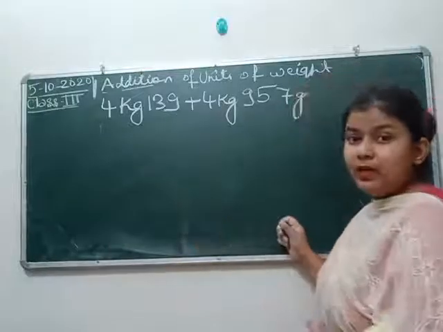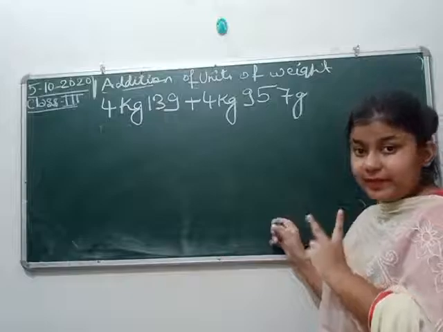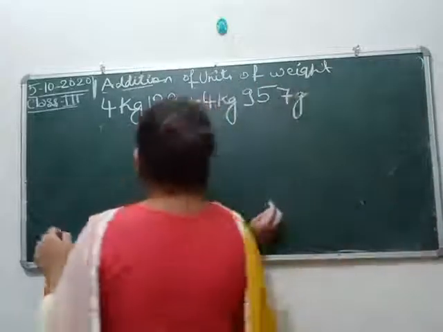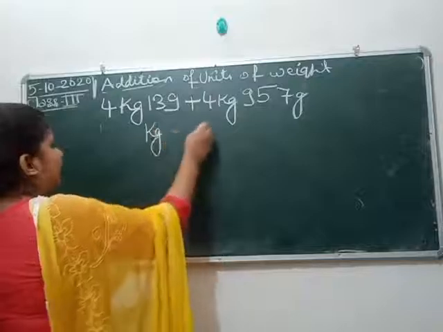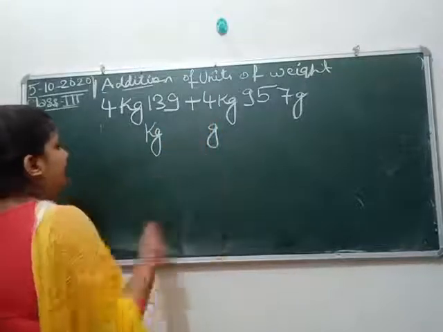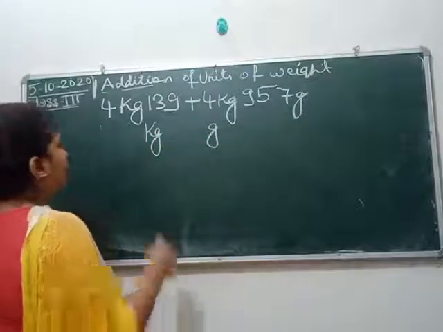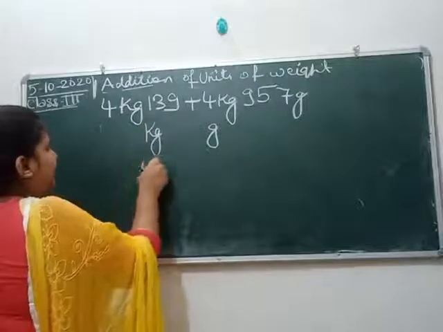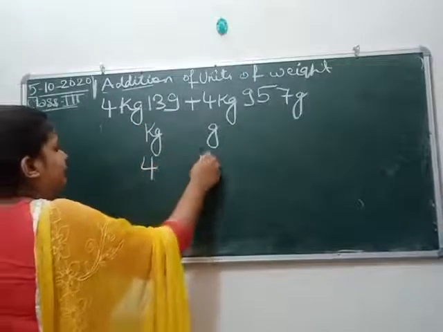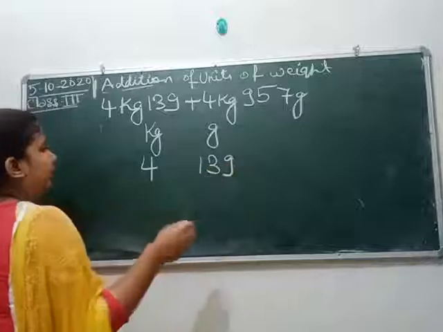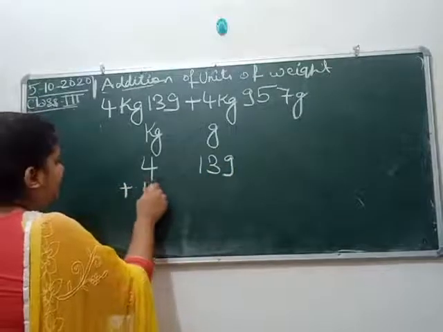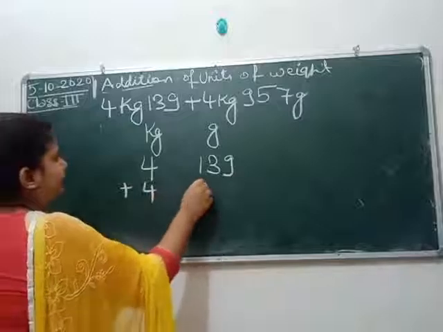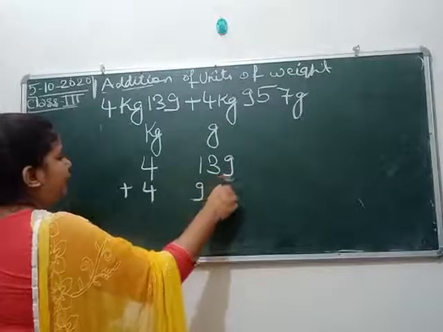First, two different headings, kg and gram, so let's make them. Now 4 kg 139 gram, in this we will add 4 kg 957 gram.